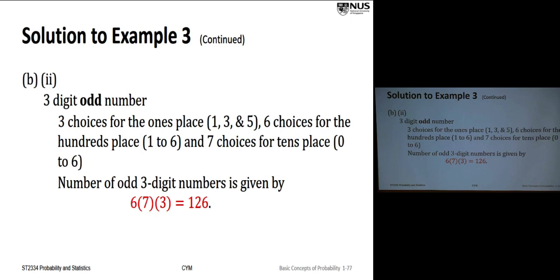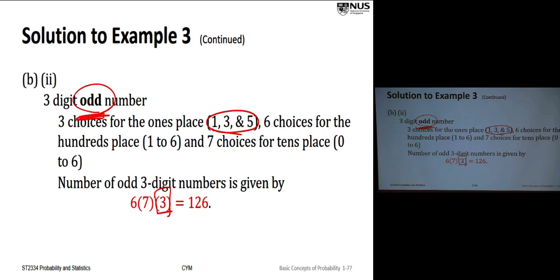Odd number. So now I have one extra condition, odd number. So I fill up the ones place first. After I fill up the ones place, then I fill up the hundreds place. For the hundreds place, I have 6 digits only, excluding the 0.